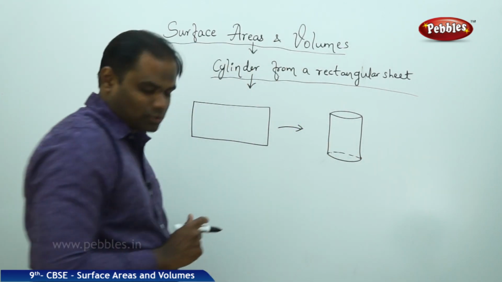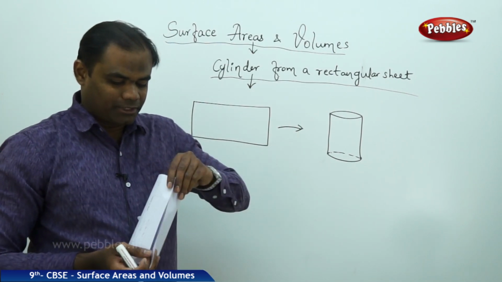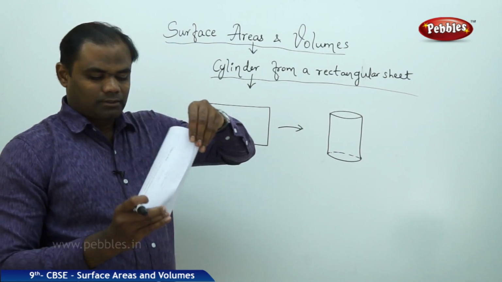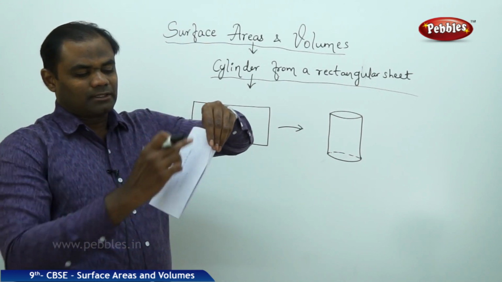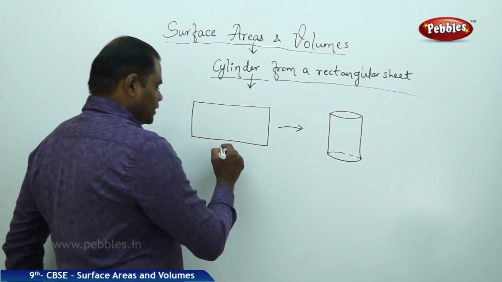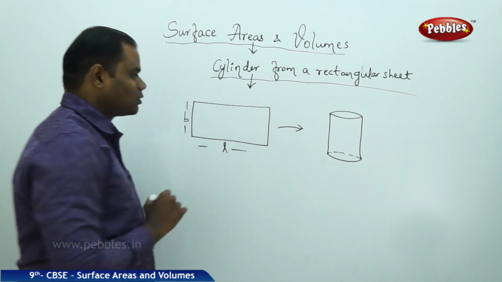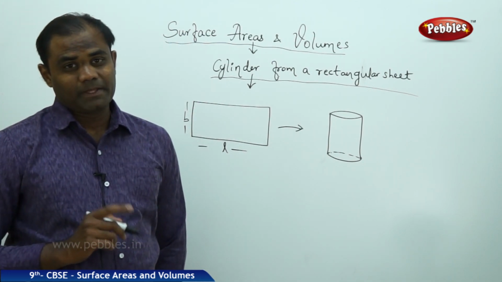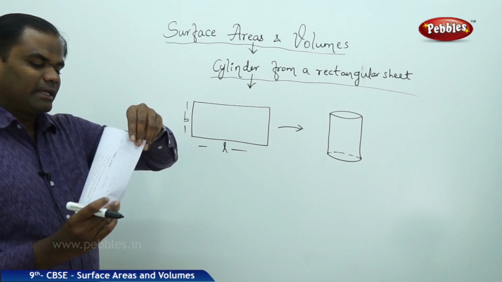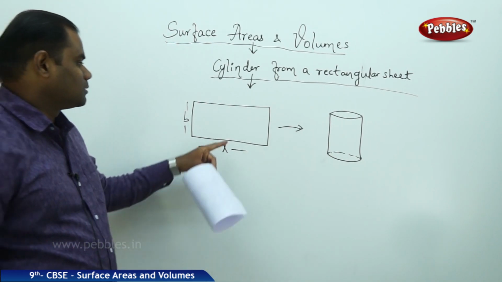It is very important to note what the length of the cylinder would be when compared to the rectangle. If the rectangle has the dimensions length and breadth, what could be the height of the cylinder is the biggest question. So here, when I take the sheet of paper like this, I have my height, which is nothing but the breadth.